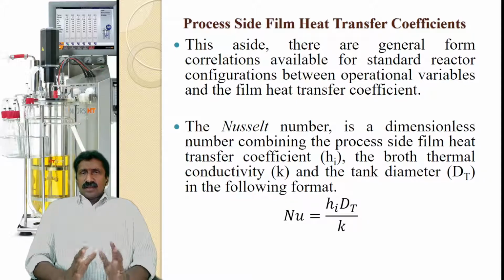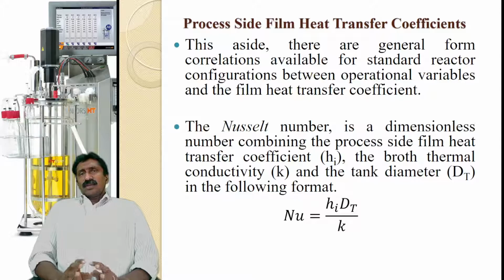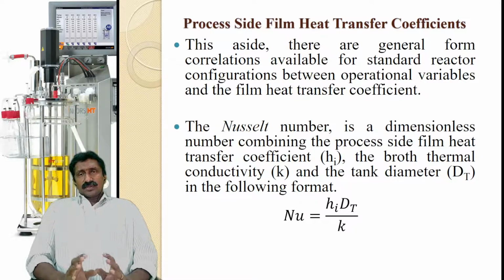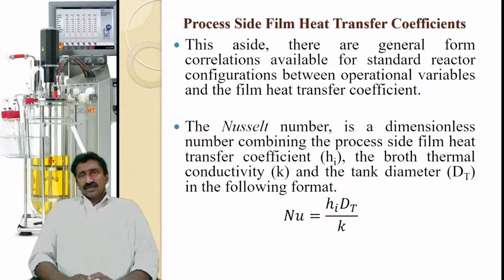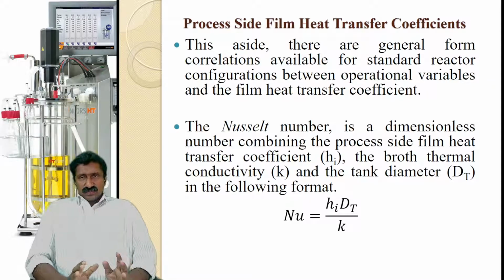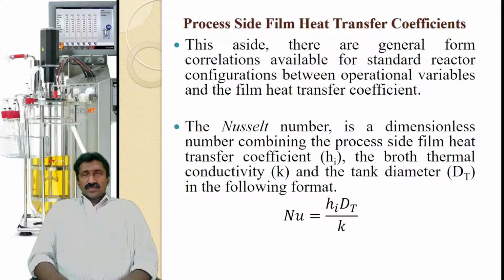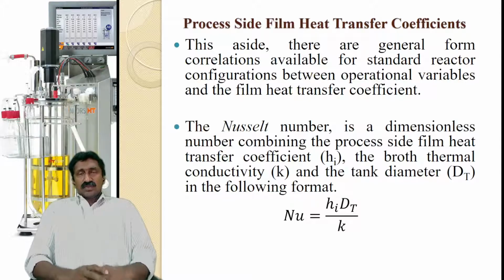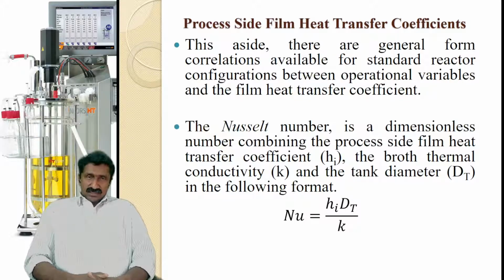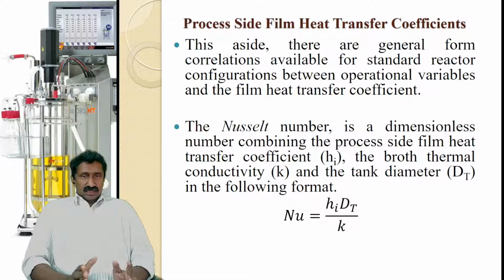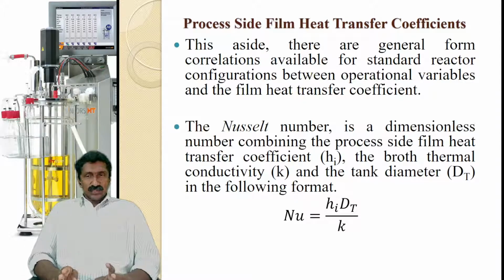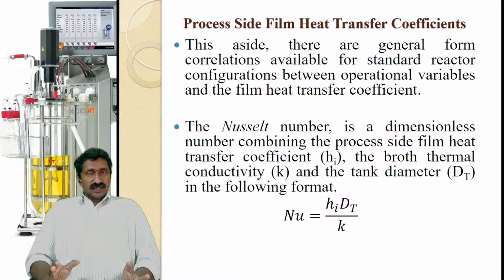And aside from this, there are several correlations available for standard reactor configurations between operational variables and the film heat transfer coefficient. One of the values considered for determining the overall efficiency is the Nusselt number. This is a dimensionless number. Dimensionless number means it's actually a ratio. A ratio doesn't have a dimension.